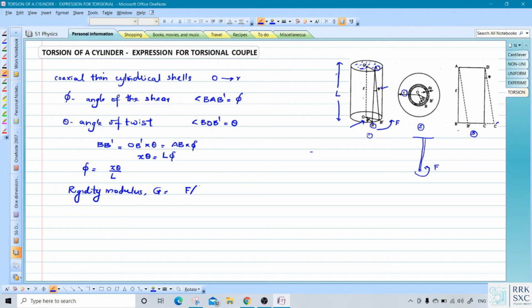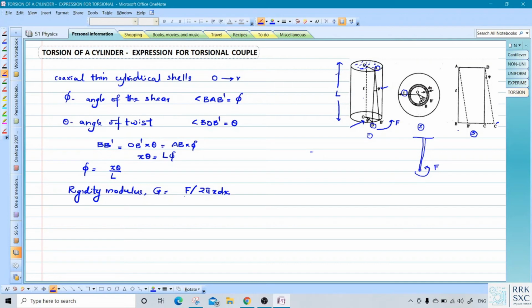The area is given by 2 pi x into dx. So 2 pi x dx will give you the area of the base of the shell. So the applied torsional force divided by 2 pi x dx will give you the tangential stress.